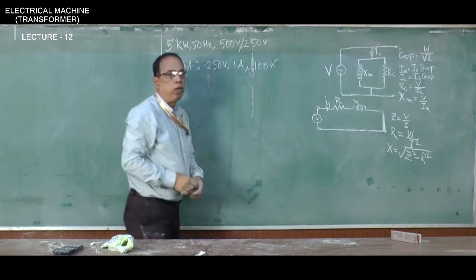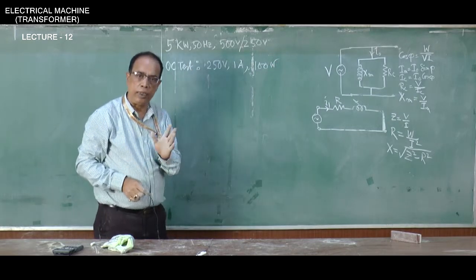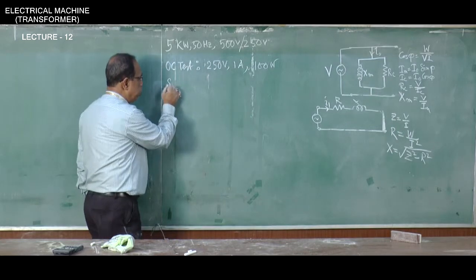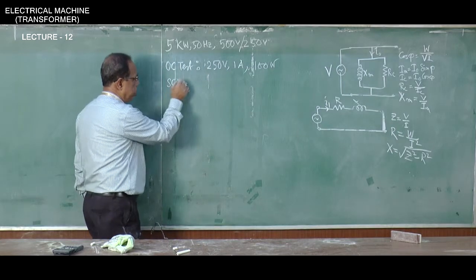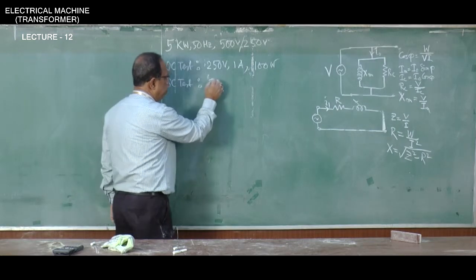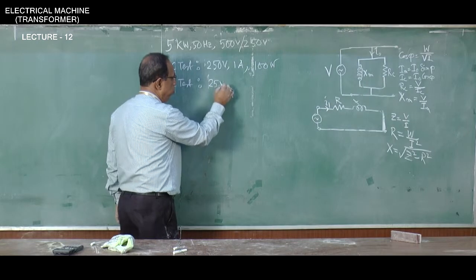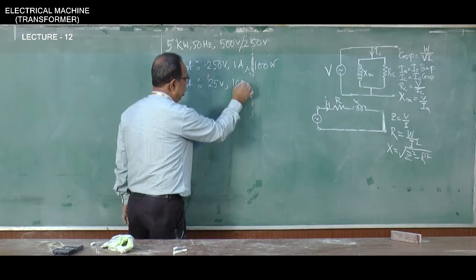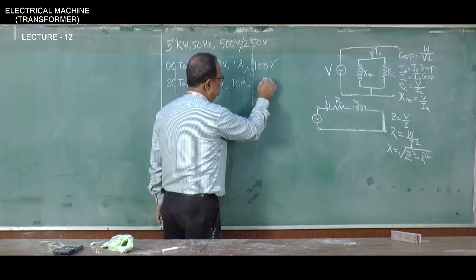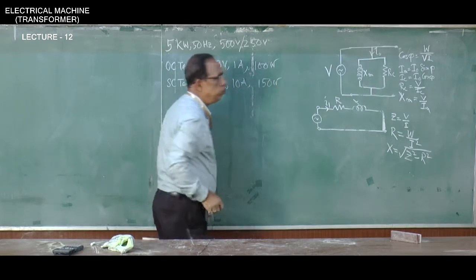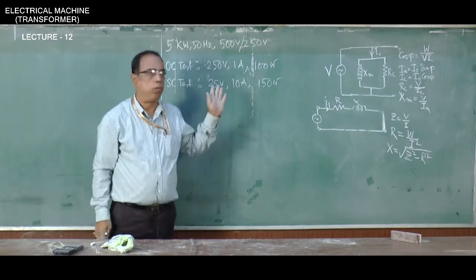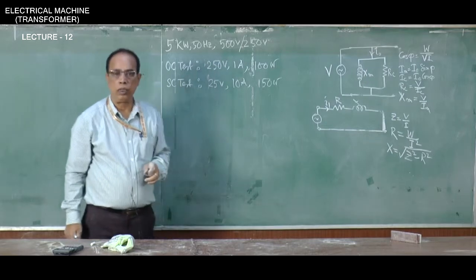That means power consumed during open circuit at the rated voltage is this. Then in the short circuit test, we call it SC test, voltage applied was only 25 volt, current was 10 ampere, and power consumed was 150 watt. So, this is the data we got from the open circuit test and short circuit test.